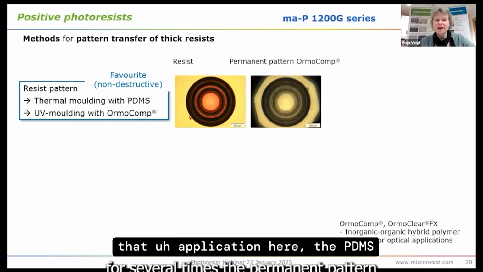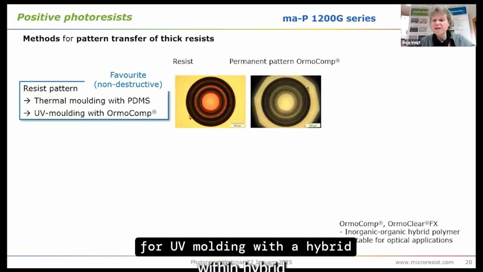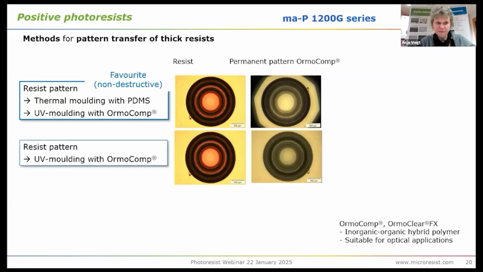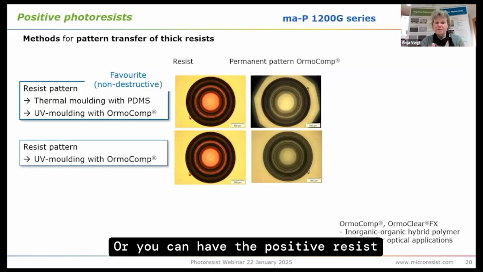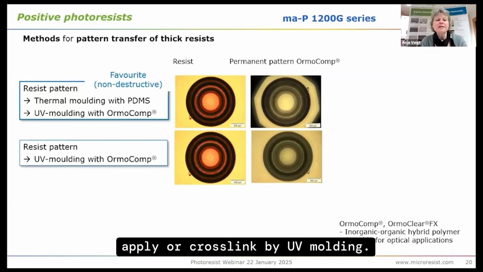In that application here, the PDMS is used for UV molding with a hybrid optical polymer, in that case Ormocer. Or you can have the positive resist pattern as master and directly pour the hybrid polymer on top and cross-link it by UV molding.